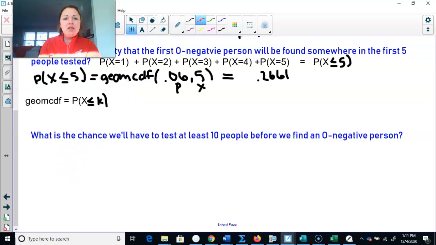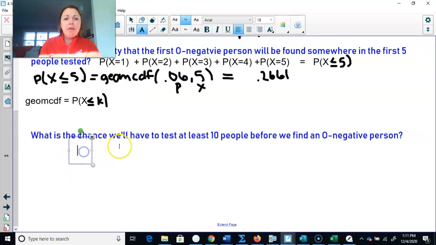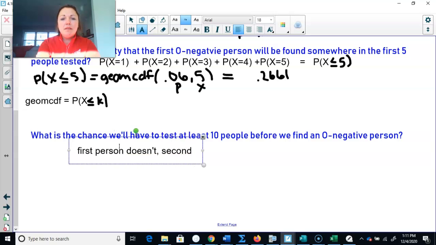That means that the first person doesn't have it. The second person doesn't have it. Instead of typing, I'm just going to do numbers.